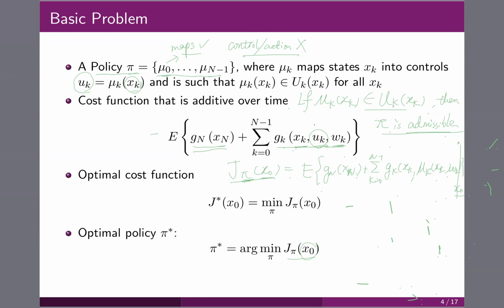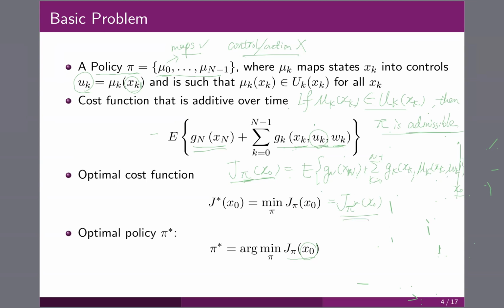But when we look at the optimal cost function, the minimum value of this is equal to J pi star of x0. This is actually a function of x0. You have different initial states, and of course you are expected to have different optimal cost functions.